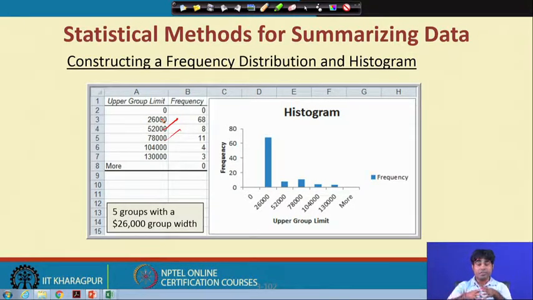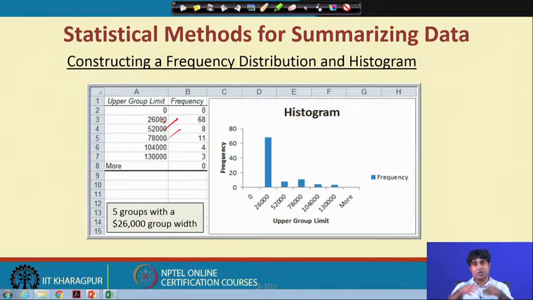Finally, once you enter the data, you process it through the Excel sheet. Instead of writing so many data points, you have to just write 6 numbers followed by the corresponding frequency.